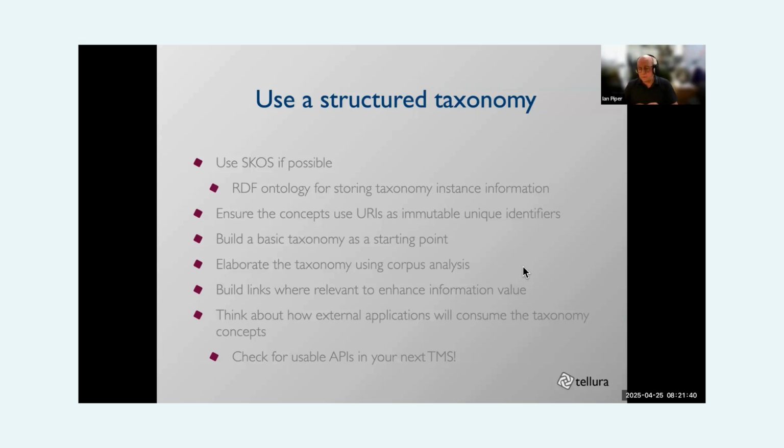And think about how this is going to be consumed by an external application. As I said a little while ago, so often that point's overlooked: you build a taxonomy, but you don't really explore how it's going to get used.